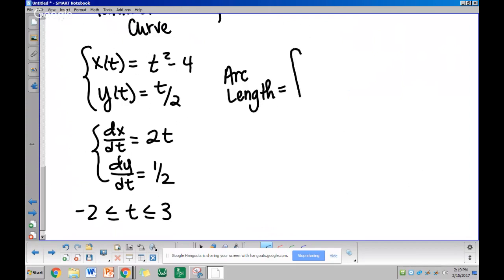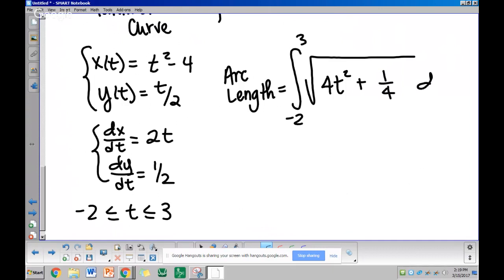That's going to be the integral from -2 to 3 of the square root of, well, what is dx/dt? So that would be 4t squared plus 1/4, dt.